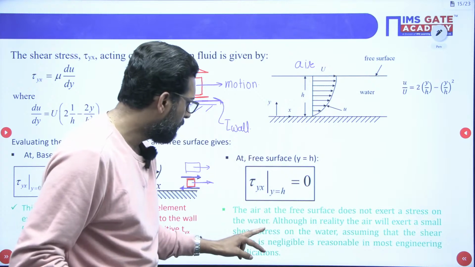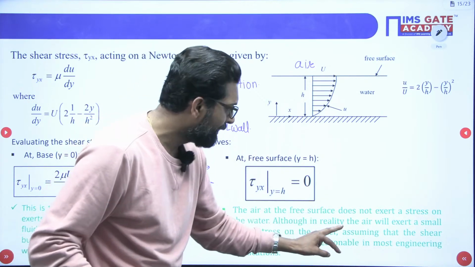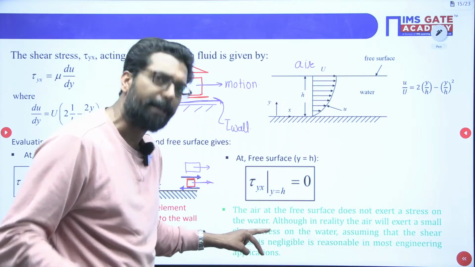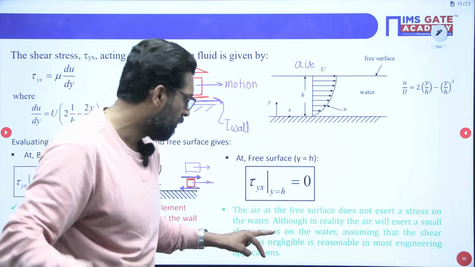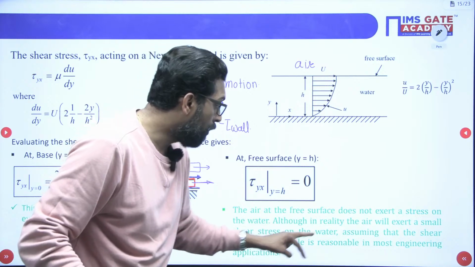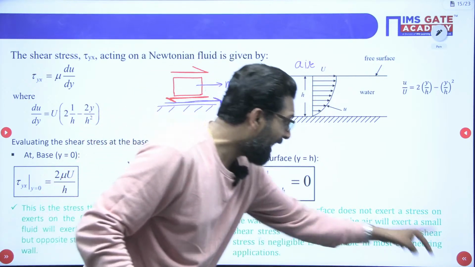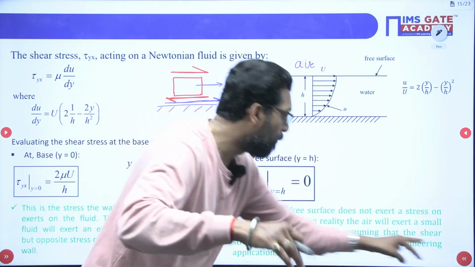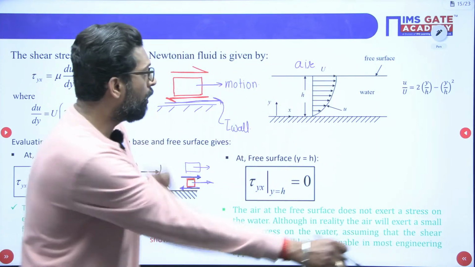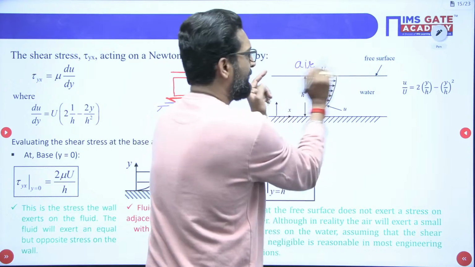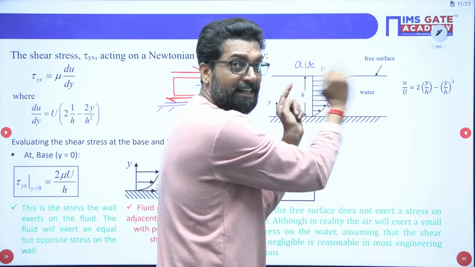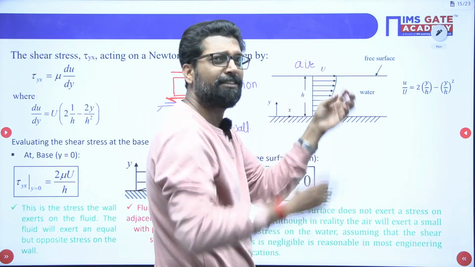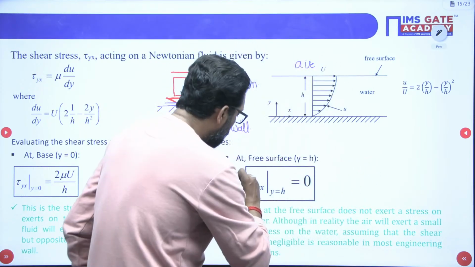Although in reality the air exerts a small shear stress on the water, practically that shear stress is negligible in most engineering applications. So practically there is a shear stress acted by the air, but that shear stress is negligible, and it will be proven.